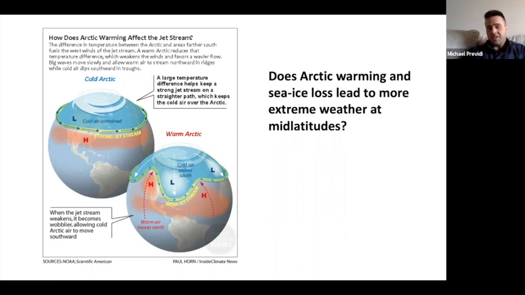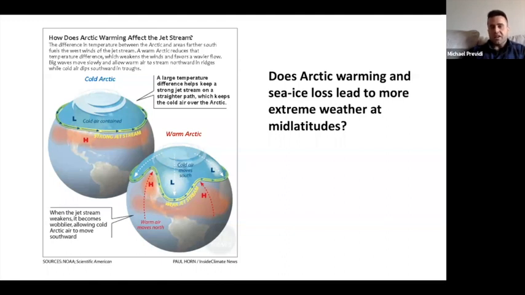And when that happens, that can lead to weather and climate extremes, right? Because you have a storm system that's parked over a particular region for a longer period of time, and maybe it leads to flash flooding, for example. So that's one potential implication of a weaker jet stream.